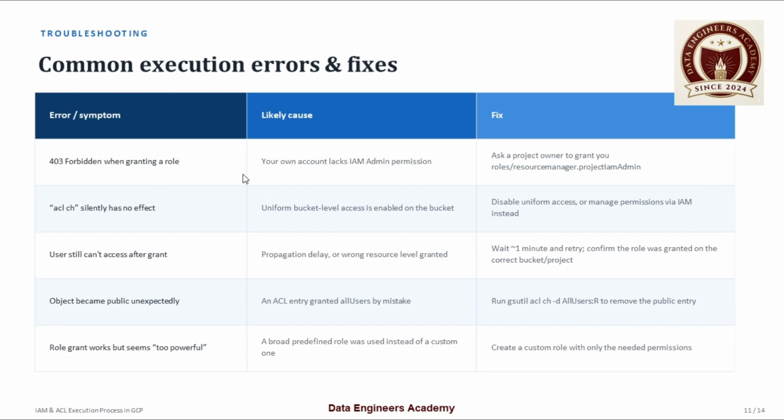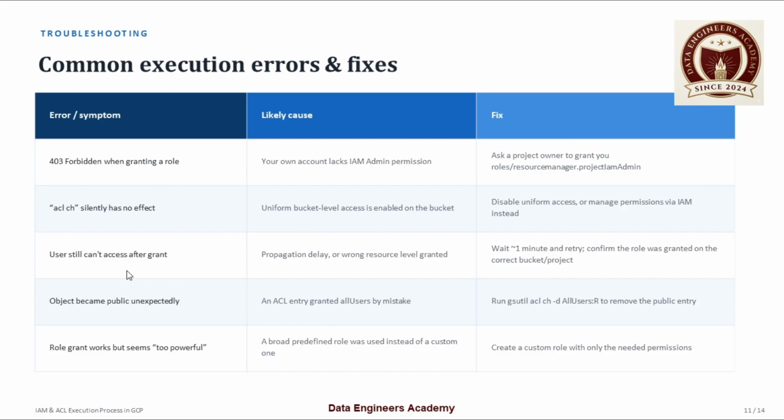Now let's quickly look at some common problems we may face during IAM and ACL execution. A 403 forbidden error can occur when our account does not have sufficient IAM permissions. If an ACL command does not work, one possible reason is that uniform bucket-level access is enabled.